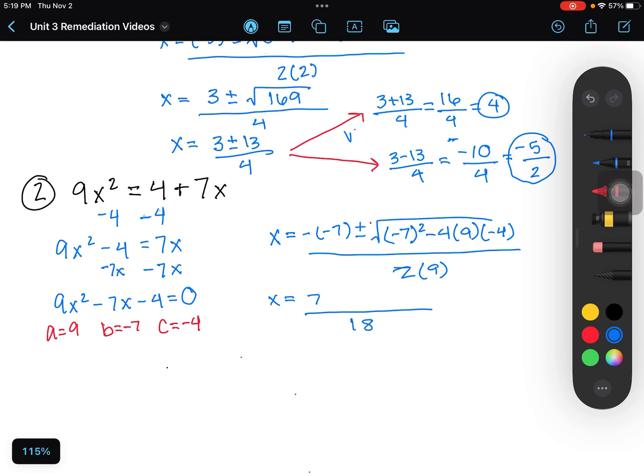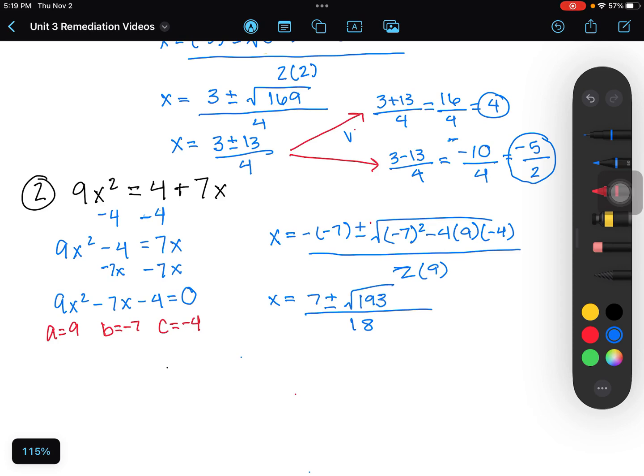We know 2 times 9 is going to be 18 in the denominator. And then we're going to plug in that part underneath the radical, just type it into Desmos. When you're squaring the negative 7, make sure that you put parentheses around the negative 7 in Desmos, because if not, then you might not get the right thing. So we should get square root of 193.